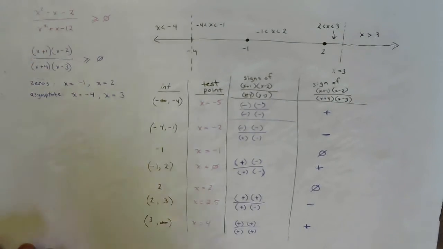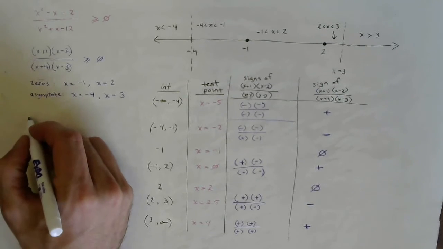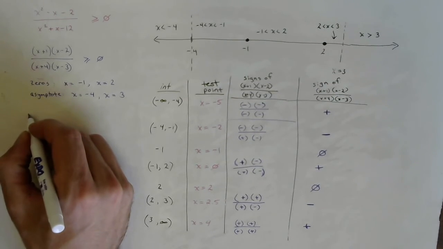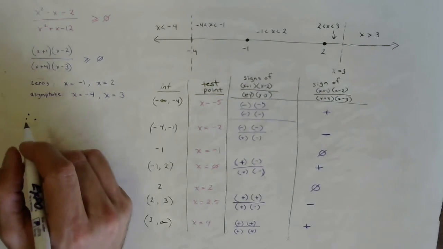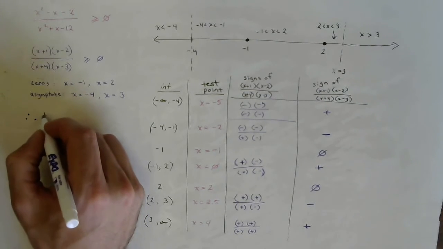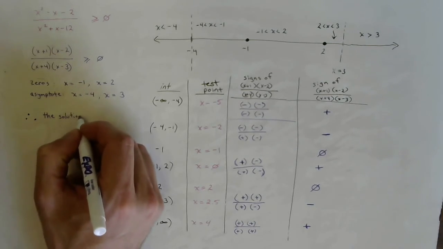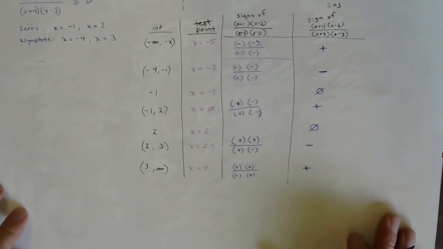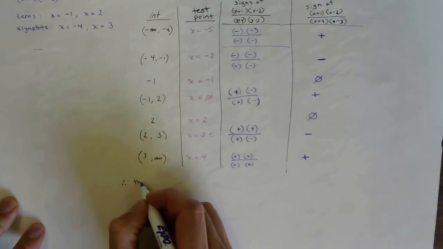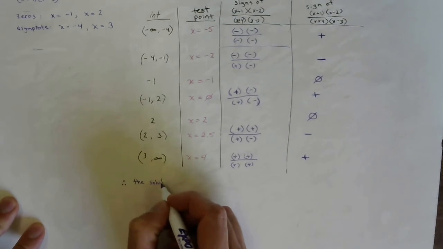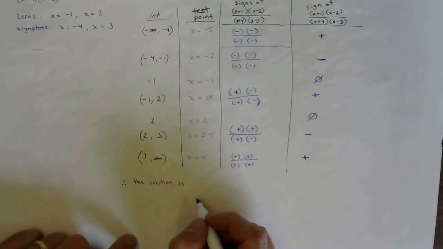So from the table, we can say, therefore, the solution, and maybe I'll write it actually under my table. The solution is, we're going to write it in 3 different ways.